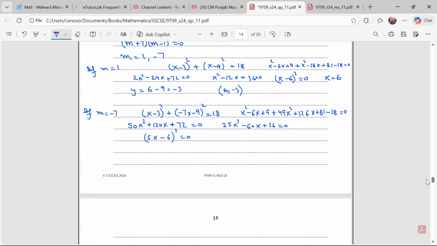This will give you a single solution, though it is a quadratic equation, because we chose the value of m in such a way that it gives a single solution. So that single solution is 5x equal to 6, or x equal to 6 over 5.